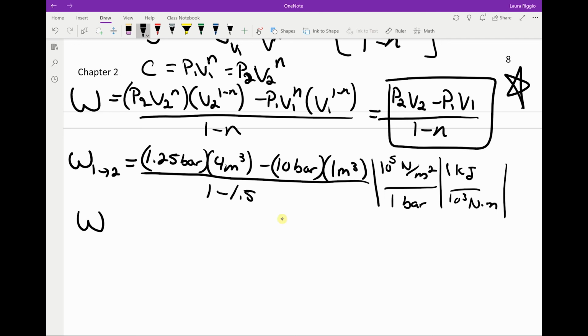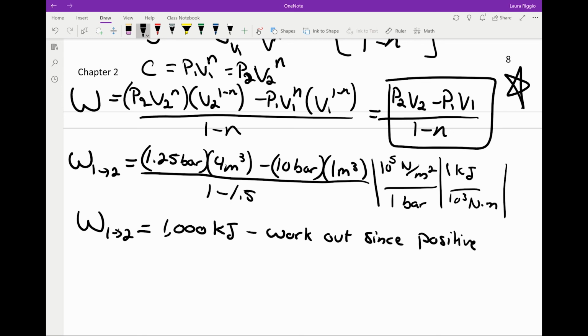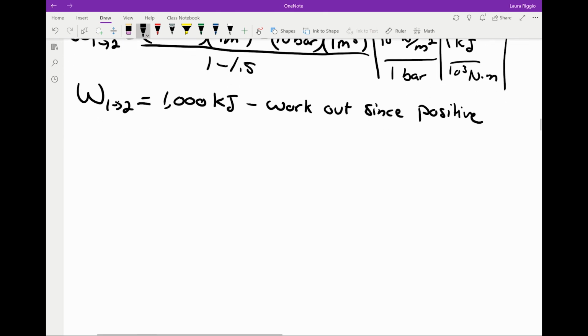We get our work from 1 to 2 is equal to 1,000 kilojoules, and that is work out since it's positive.